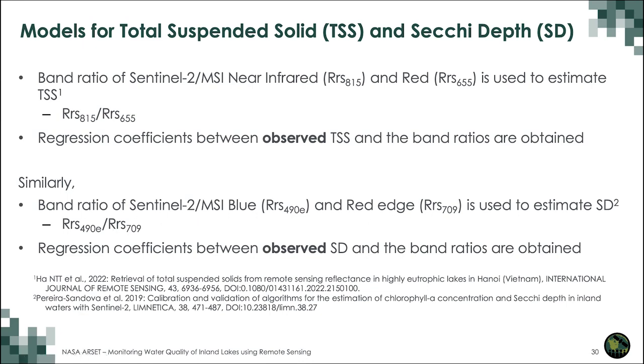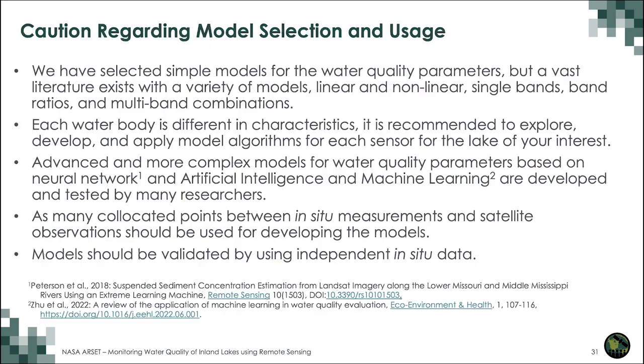There are analytical models which are more complex. For our purpose, considering the level of this training, we are going to stick to these band ratio models here. So there are some caveats and there is caution regarding model selection and usage for water quality parameter retrieval. In this training, we have selected simple models based on band ratios, as we saw, for the water quality parameters.